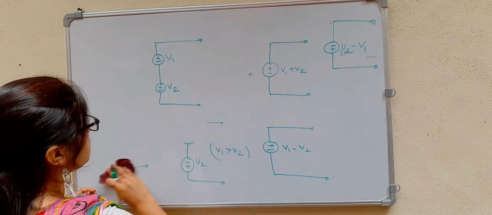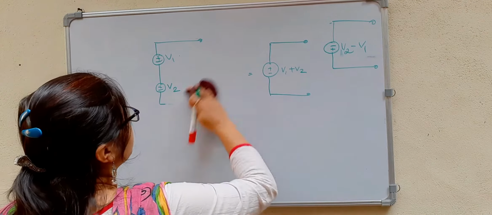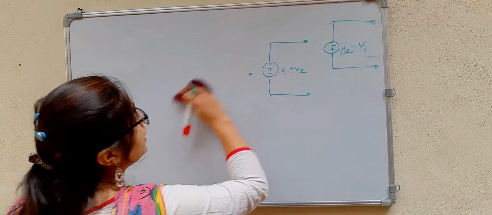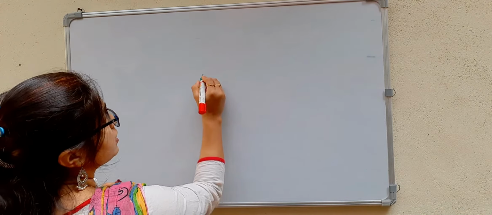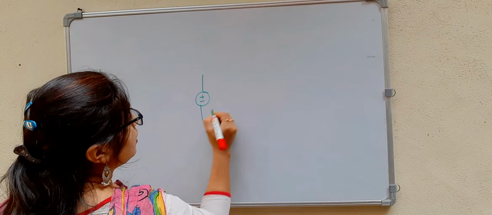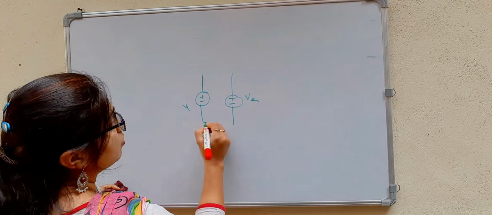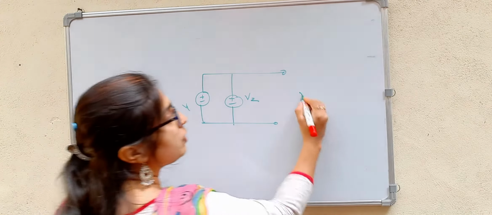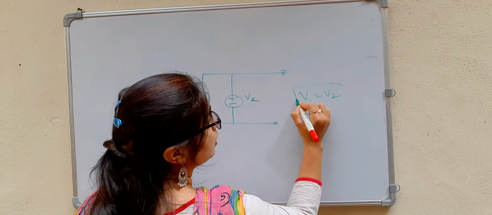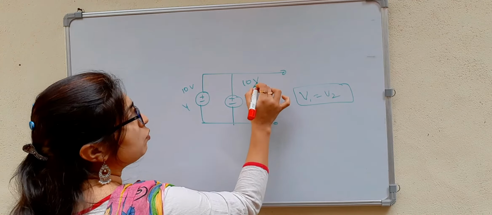When voltage sources are connected in parallel, they should have the same voltage rating, but the current rating may be the same or different. These two are connected in parallel now. They should have the same voltage rating, meaning V1 should be equal to V2. So if this is 10 volts, this also should be 10 volts.